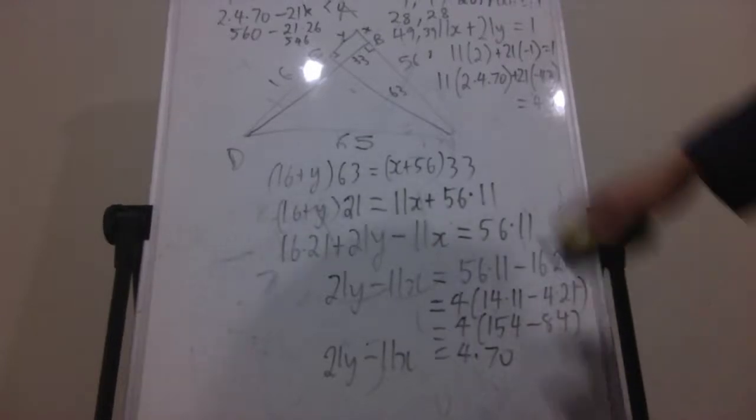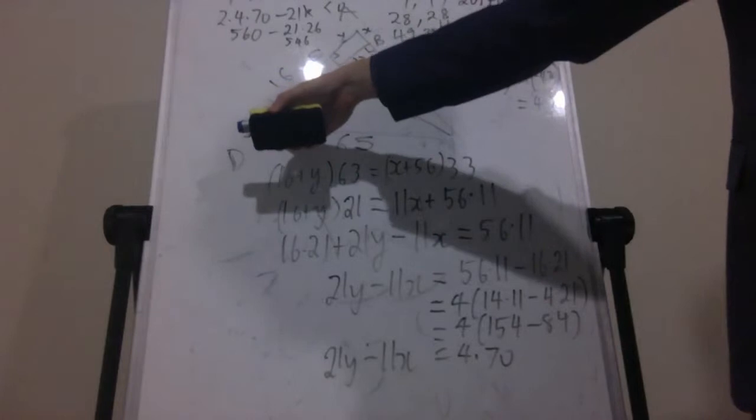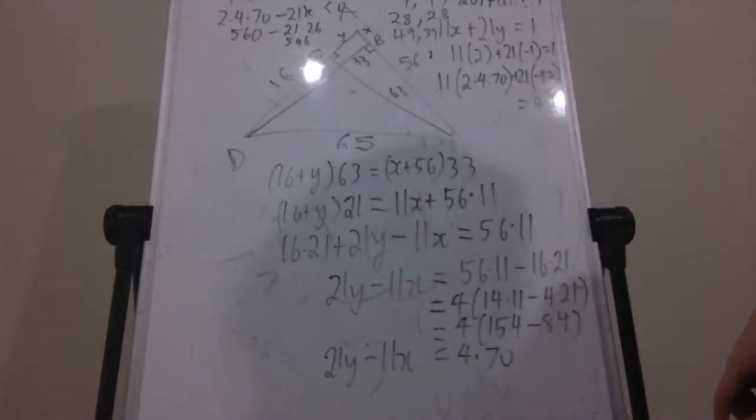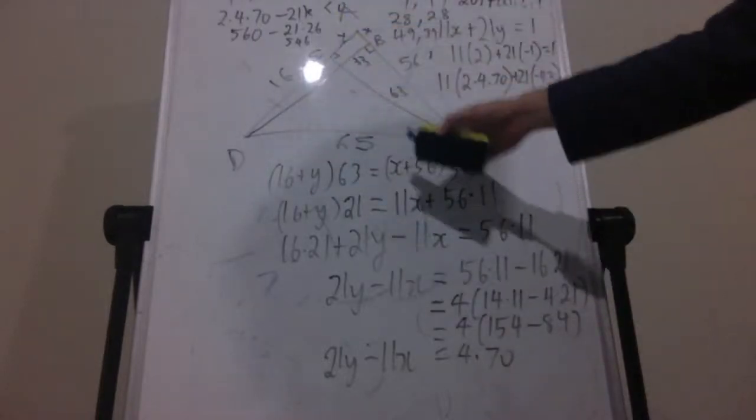Yeah, I guess here, y is like this little part of this hypotenuse. It has to be. So y has to be smaller than 56, I guess, as well. Oh no, 56 plus x.